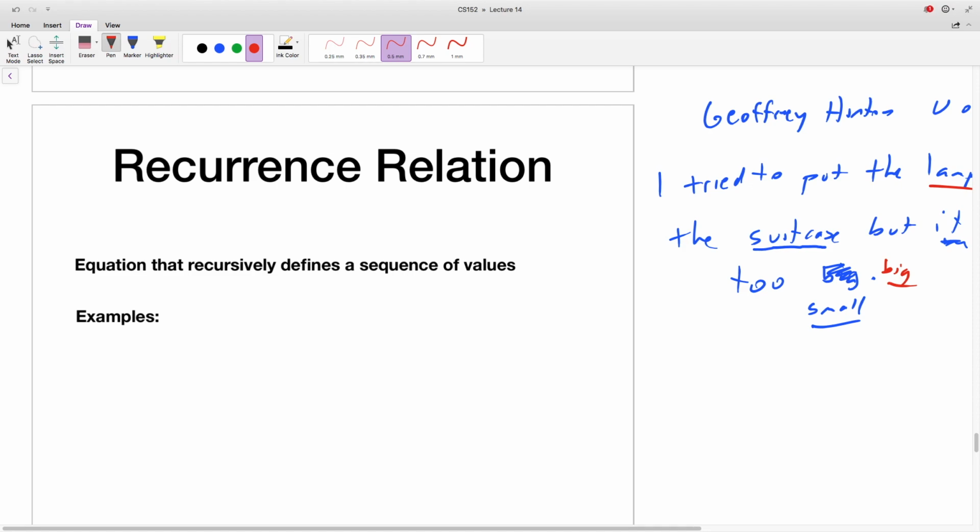All right, recurrent neural networks. Let's focus on the word recurrent, and let's go back to looking at recurrence relations from discrete math. Recurrence relations are equations that recursively define a sequence of values. The best known example that everyone uses is Fibonacci.